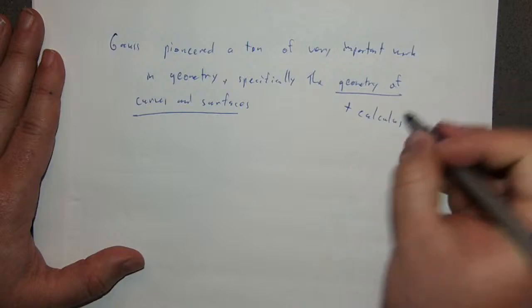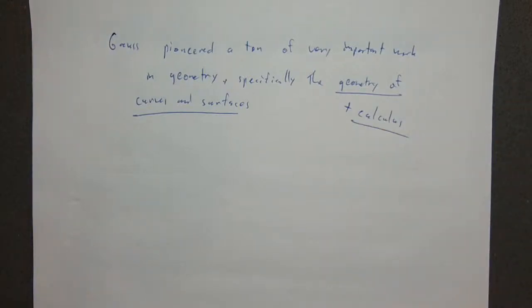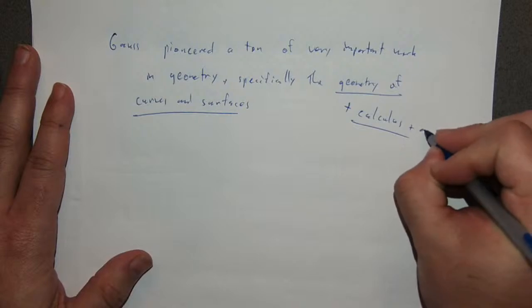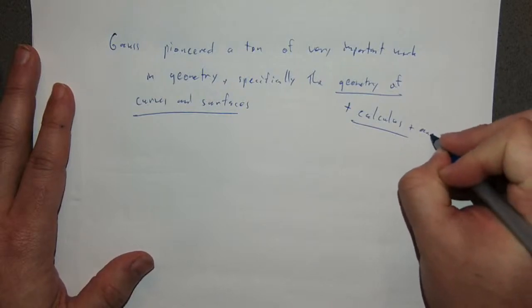And when I say calculus, I don't mean literally calc 1 and 2. I mean calculus and everything that comes from it: all of the analysis of Laplace, all of the partial differential equations, everything. So calculus plus analysis in general.